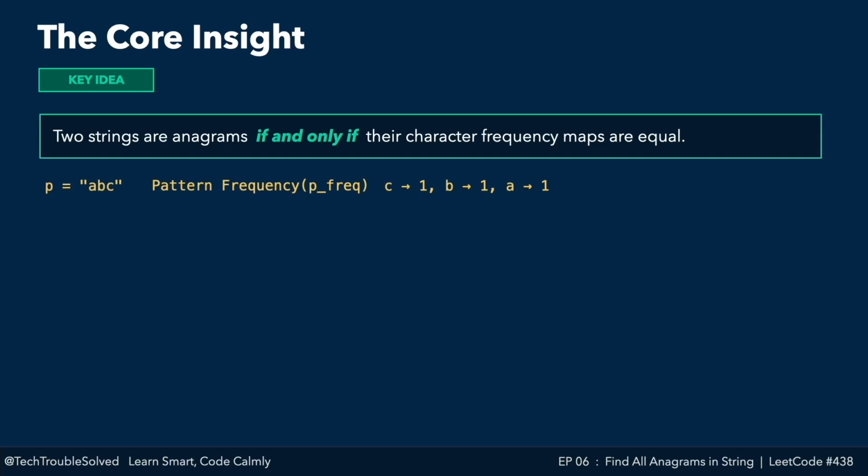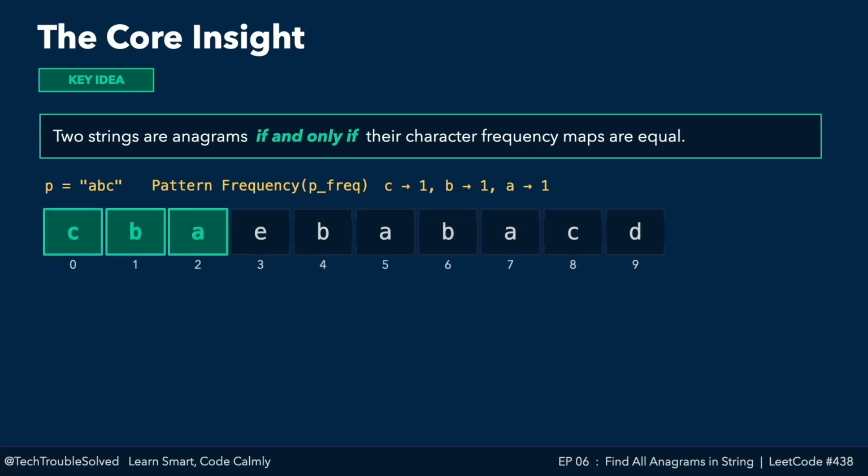So P's frequency map is C with one count, B with one count and A with one count. Now I slide a window of size 3 across S. First window CBA. C with one count, B with one count and A with one count. So that equals P's frequency map. There is a match. Add index 0 to results.